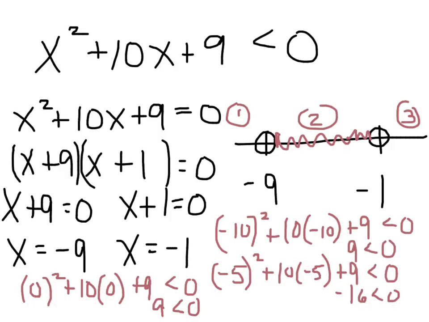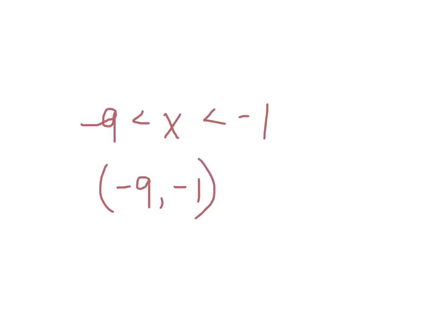In your lifetimes, this is what you guys have seen. For that answer, you've seen this. Negative 9 is less than x, which is less than negative 1. That's how you've seen that answer written before. One of the ways that you're going to see it when you get into college level math is you're going to see it like this. That's what we call interval notation.